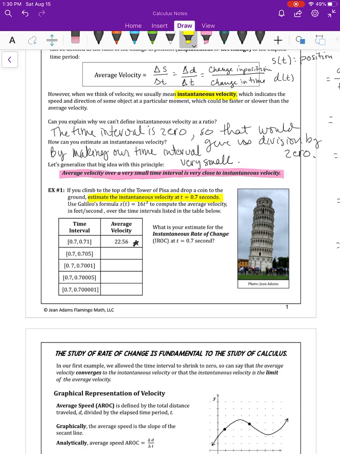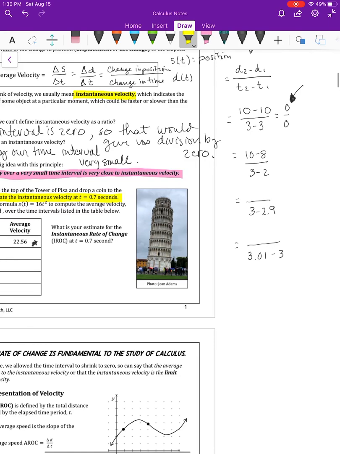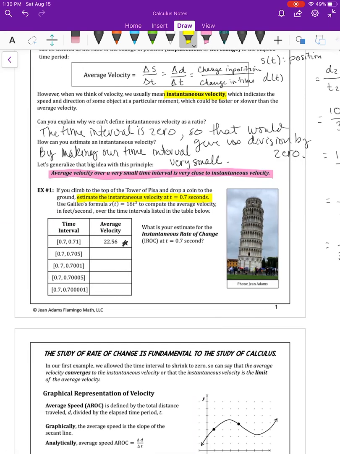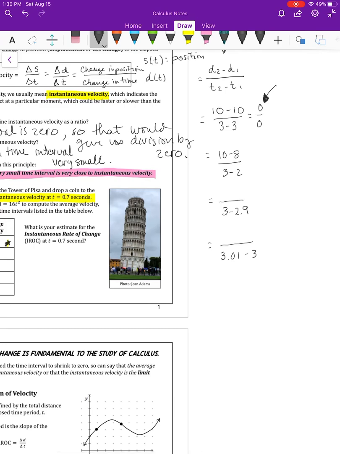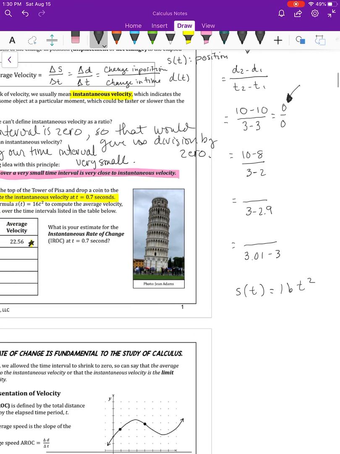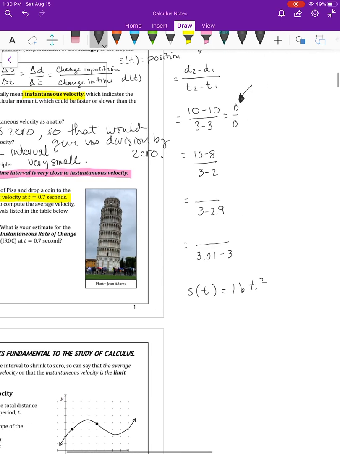Use Galileo's formula to compute the average velocity in feet per second over the time intervals listed below. They have given us those time intervals. I'm first going to show how they got 22.56, and then we are going to do the rest of these calculations with our calculator. The time interval they used is 0.7 and 0.71.